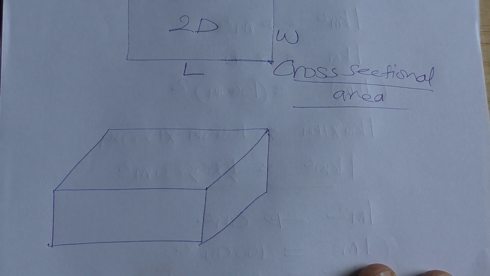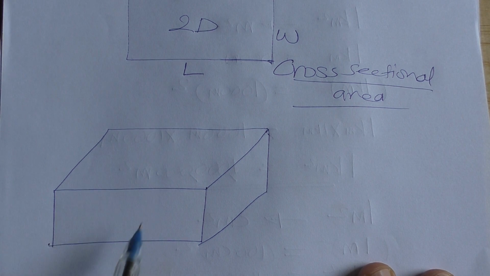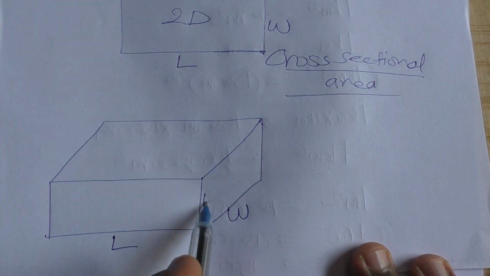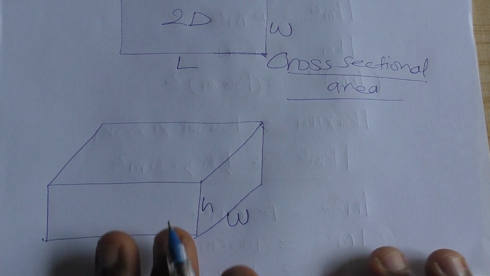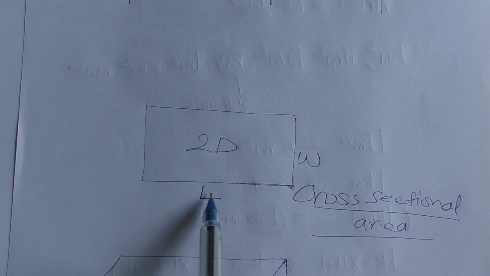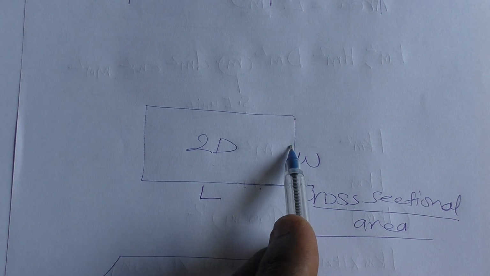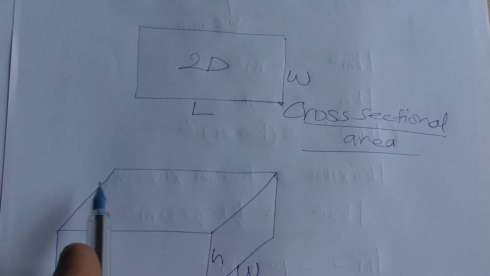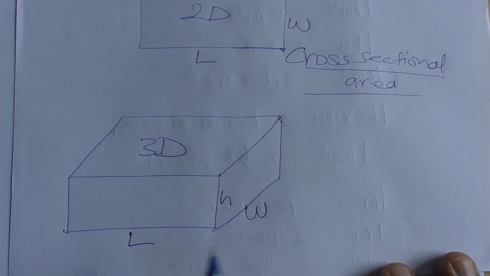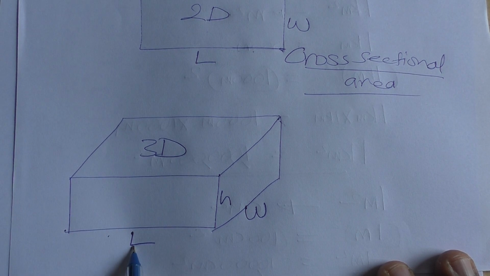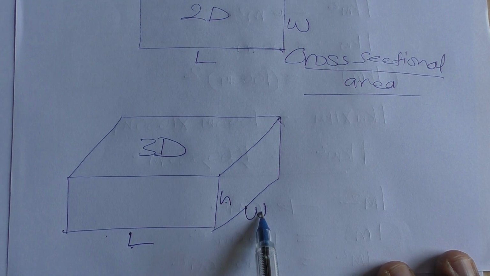I see what we call a cuboid. So a cuboid is the three-dimension figure. Why three-dimension? Because I see the length, I see the width, and I see the height. This one was two-dimension because when I view a box from above, I only see the length and the width. So what we get here is the cross-sectional area. For the 3D figure, which is now a cuboid, I see all the three dimensions: the length, the height, and the width.